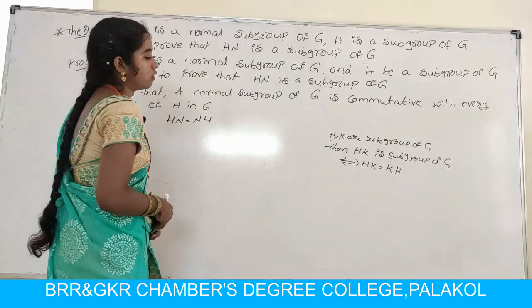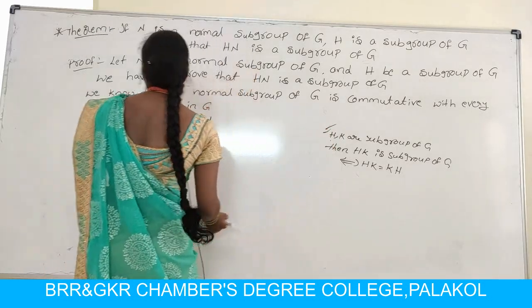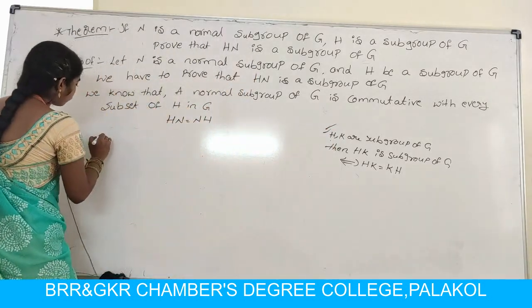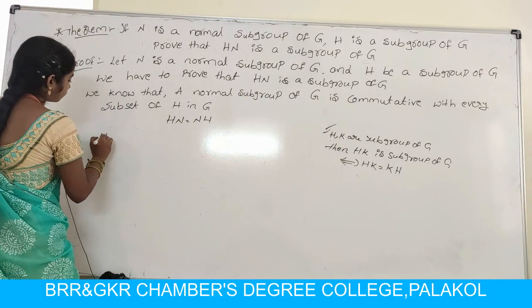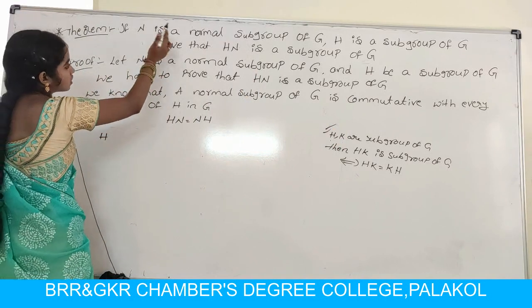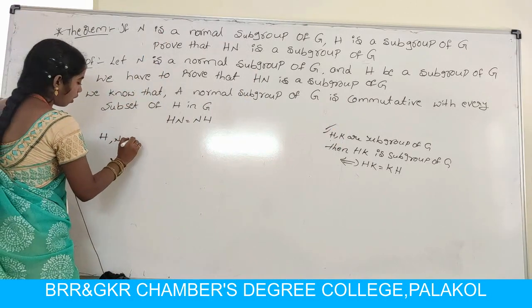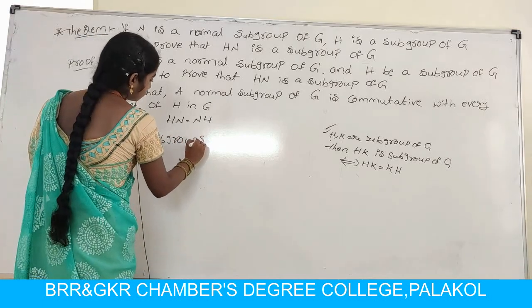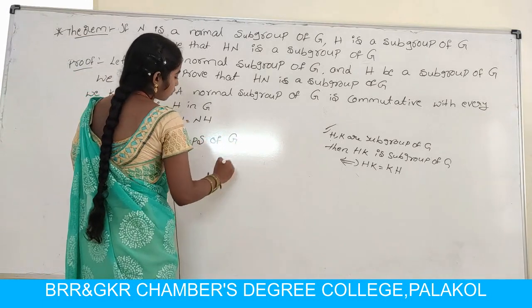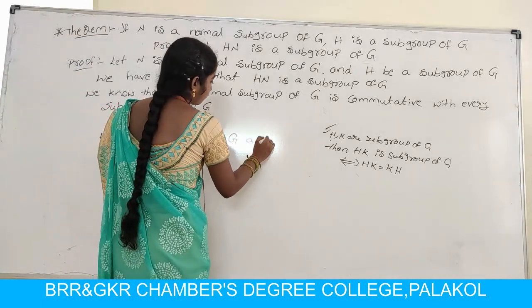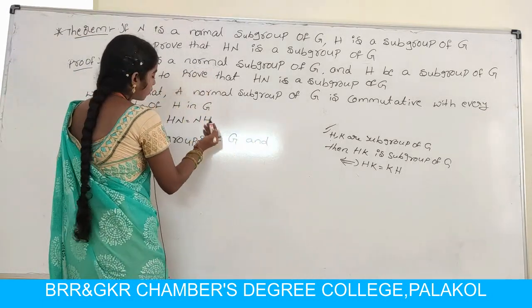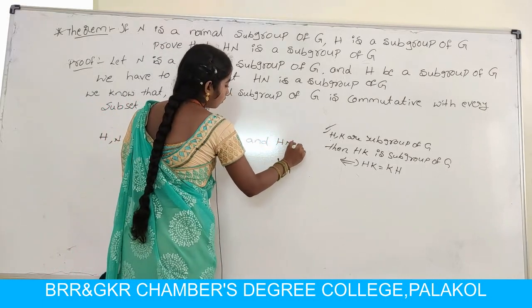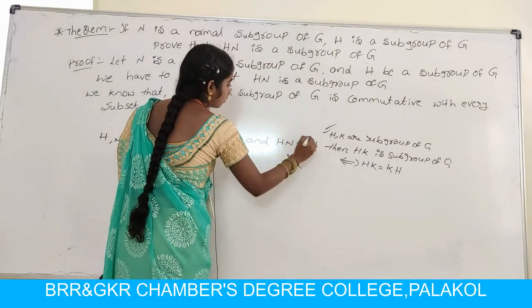So by using the known theorem, H, N are subgroups of Z and HN equals NH.